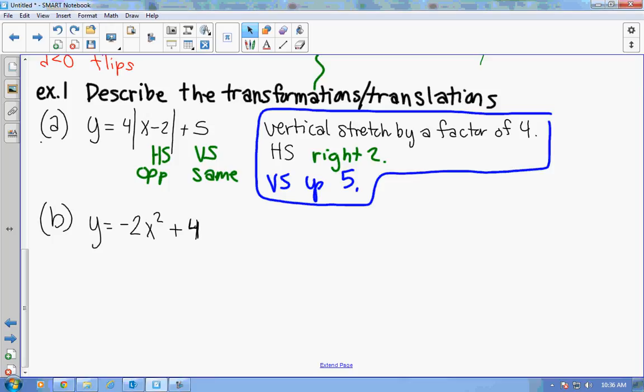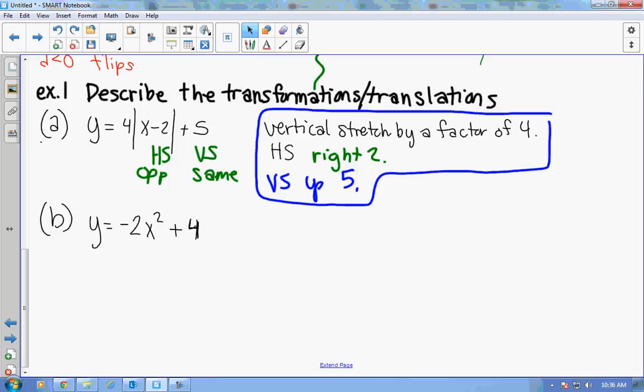Is this an absolute value function? No. What type of function is this? It's not linear. It's quadratic. But it doesn't matter because it does the exact same things that the absolute value does. The A, H, and K affect the graph the same way.